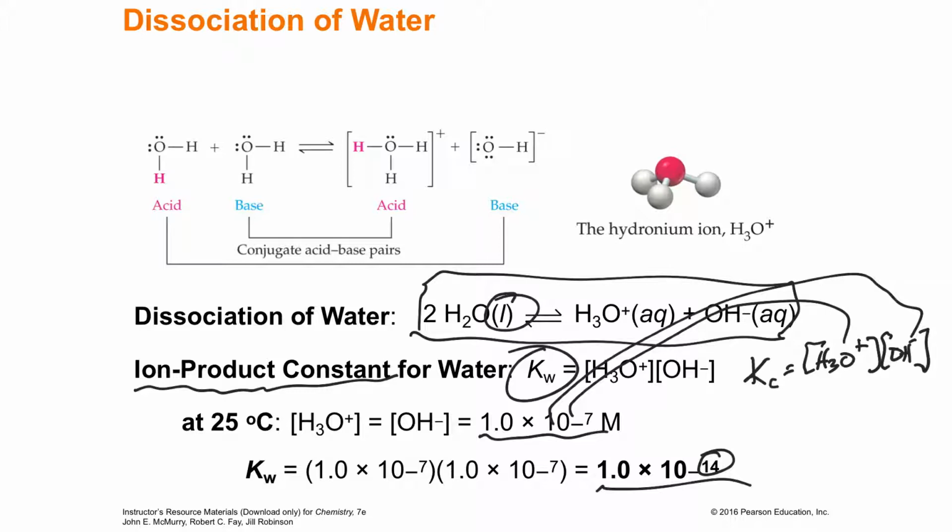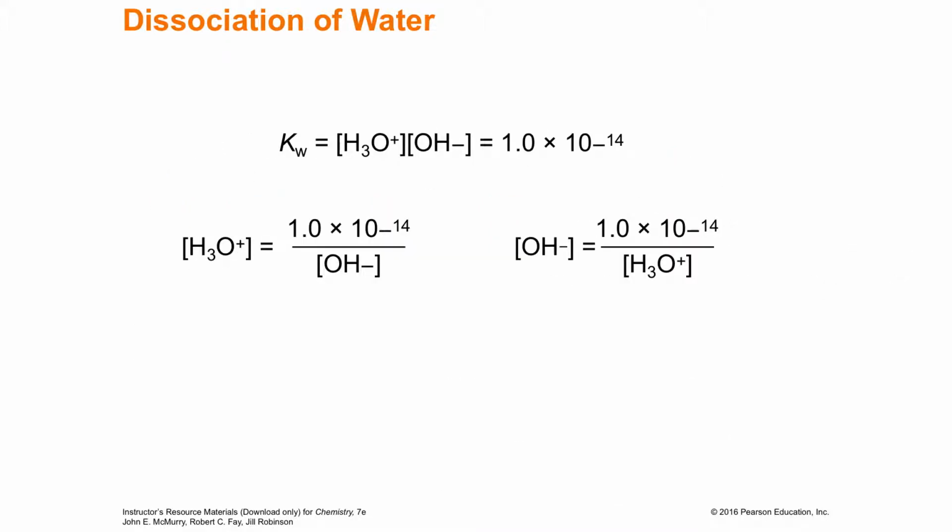So just knowing that the total is 1 times 10 to the negative 14 means that if you know the concentration for one, you can find the concentration for the other, because you just plug it into K sub W. K sub W is one you know all the time. If K sub W is equal to the concentration of hydronium times the concentration of hydroxide, then you solve for whichever one you don't know.